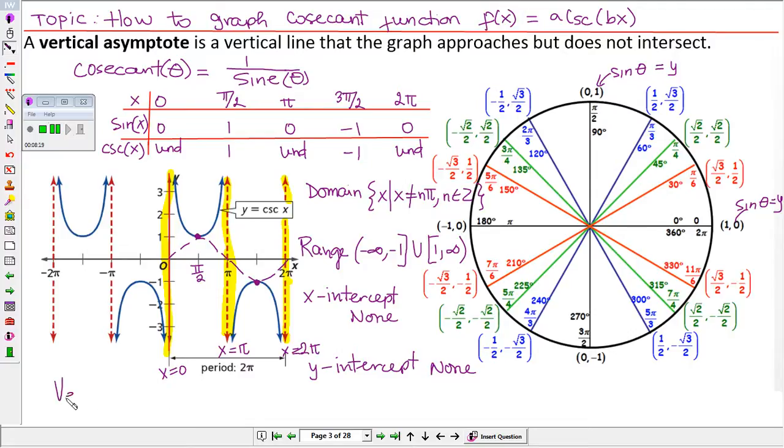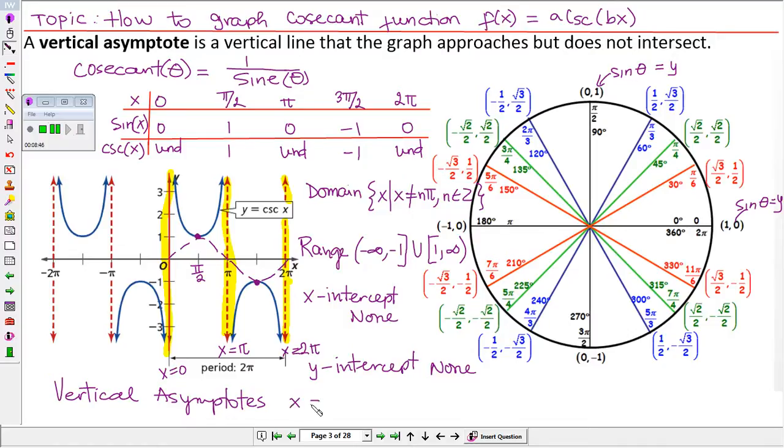Let's talk about the vertical asymptotes. We can see that for every period of 2 pi, there are 3 consecutive vertical asymptotes: 0, pi, 2 pi, so it's just a multiple of pi.